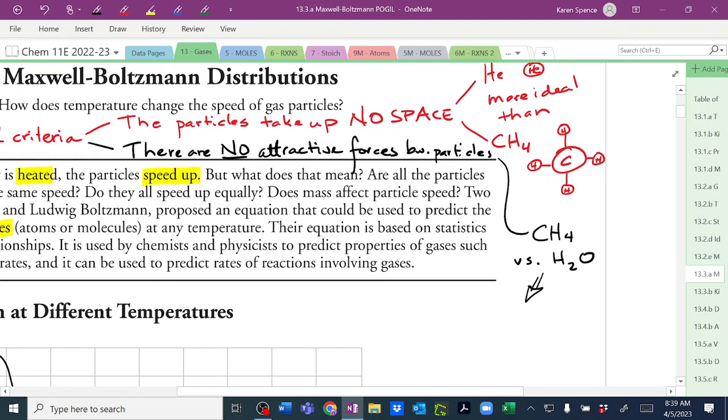Based on the no attractive forces alone, I mean, you'd have to also take into consideration size, but if we're just looking at the attractive forces, CH4 is a nonpolar molecule, because carbon and hydrogen have similar electronegativities.